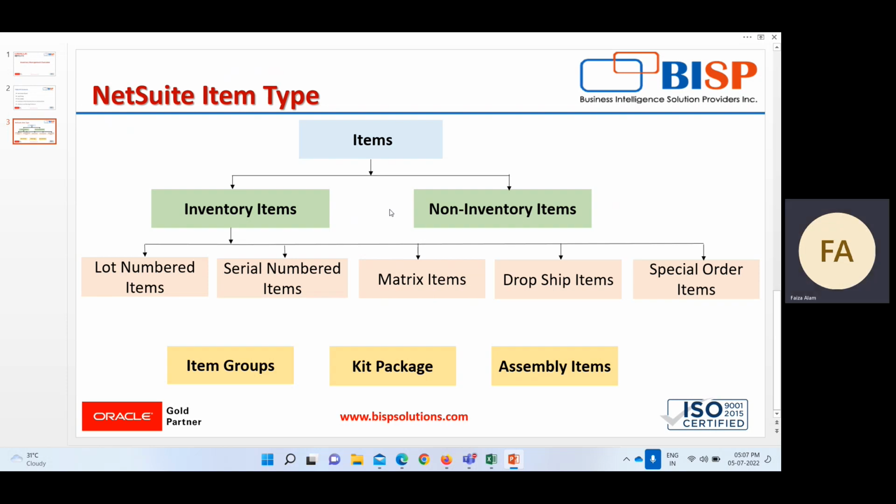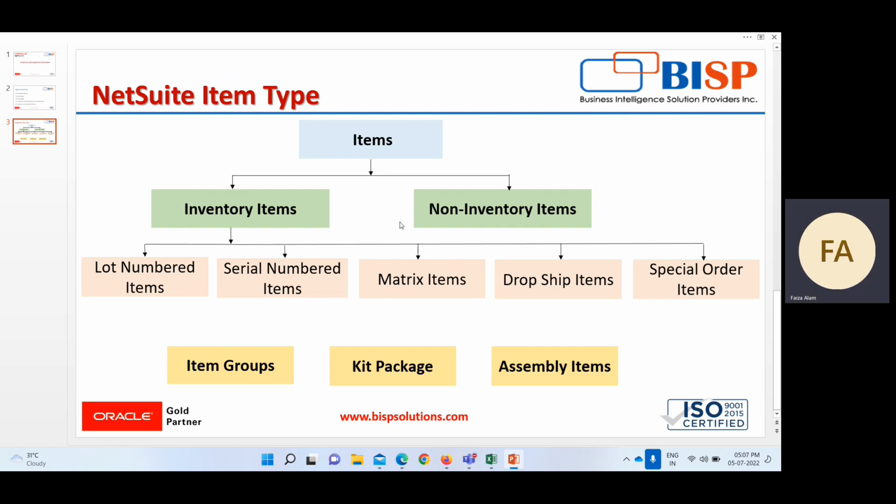Matrix items are like when we have the options of various combinations, like here we can say when we have the option of size and color, we can take the example of garments and shoes. So when we get the combination of these two things, or apart from these two, the combination of various other options, that comes under the matrix item.